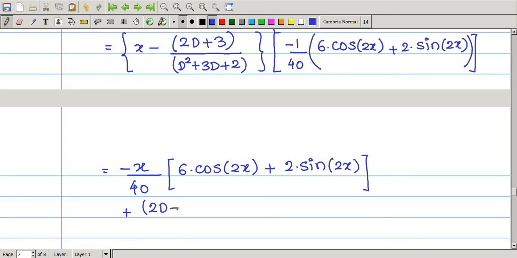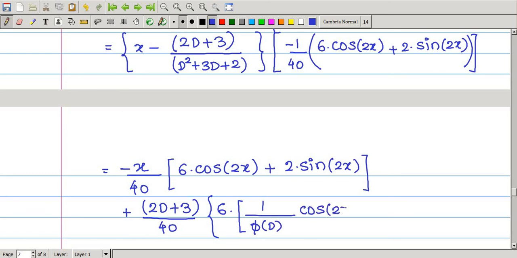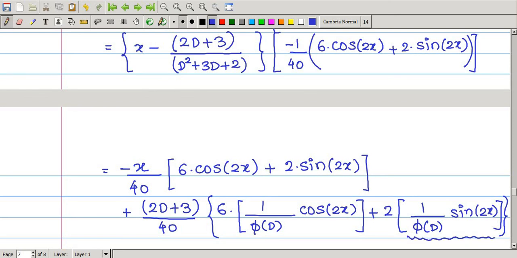We take this 2 times d plus 3 aside upon 40 into 6 1 upon phi of d into cos 2x plus 2 times 1 upon phi of d into sine 2x, out of which we have calculated this value in equation number 2 previously.